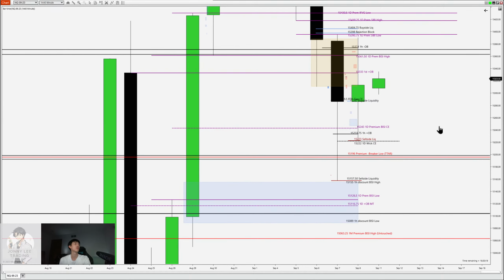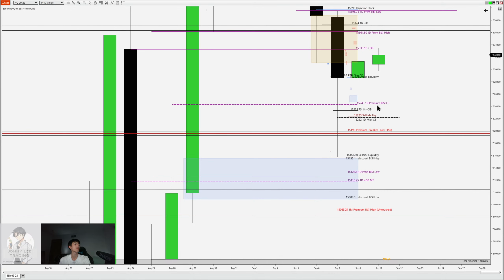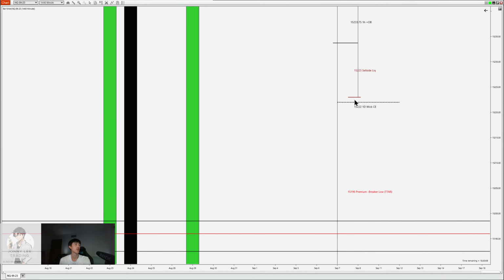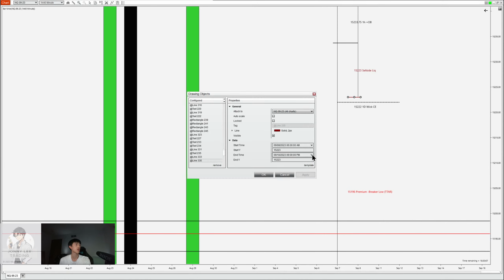So I'm keeping those daily levels. You see that sell side liquidity? Oops, let me see if I can zoom in a little bit further. So this sell side liquidity here, we're going to also bring out to the 15th.